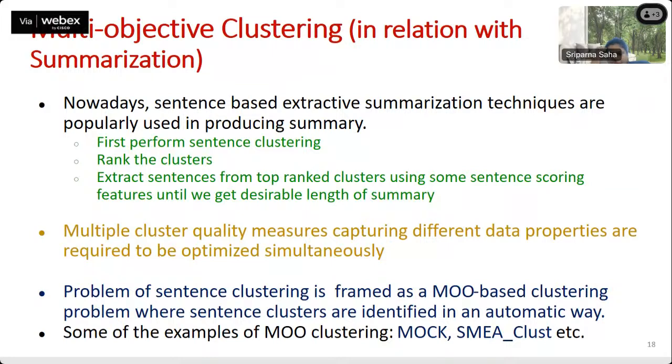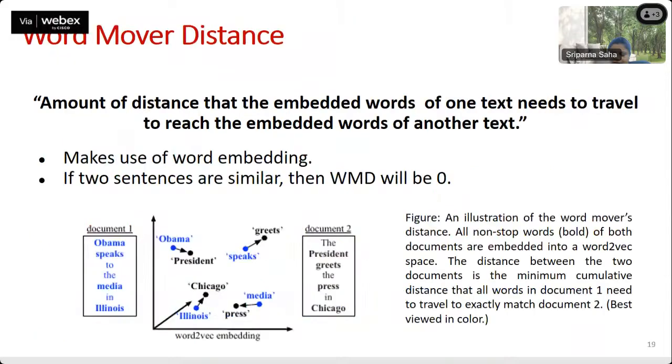So the problem of sentence clustering is formulated as a multi-objective optimization problem, where sentence clusters are identified in an automatic way. As I mentioned, this approach is very generic. Any multi-objective optimization technique can be used for clustering the sentences, like genetic algorithm, differential evolution, ant colony optimization, or particle swarm optimization.